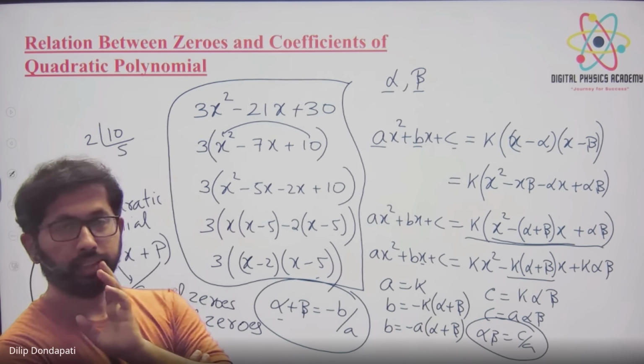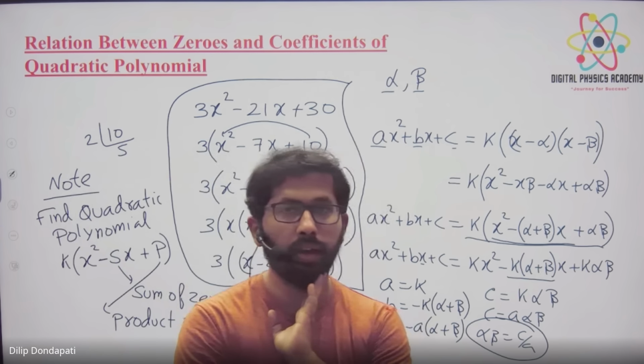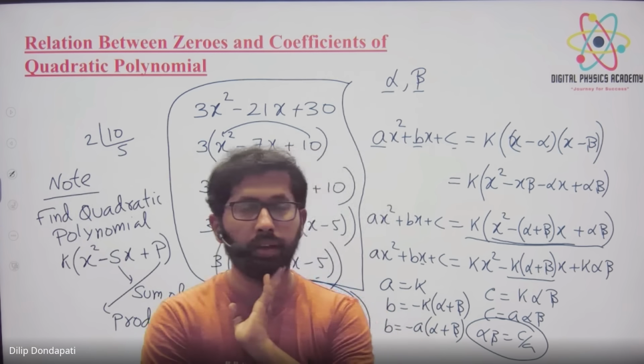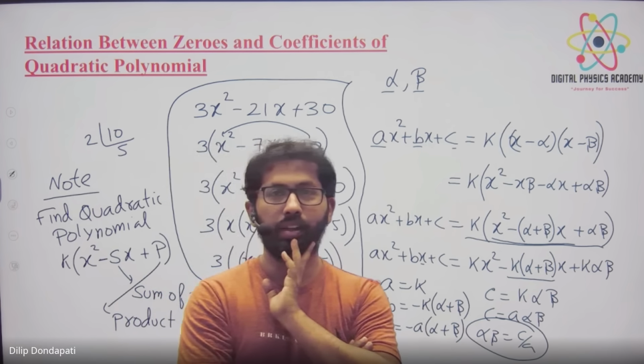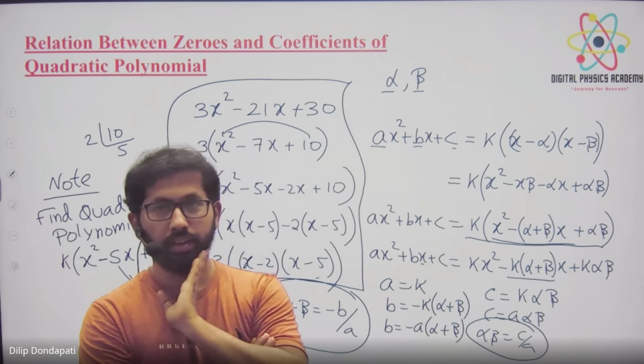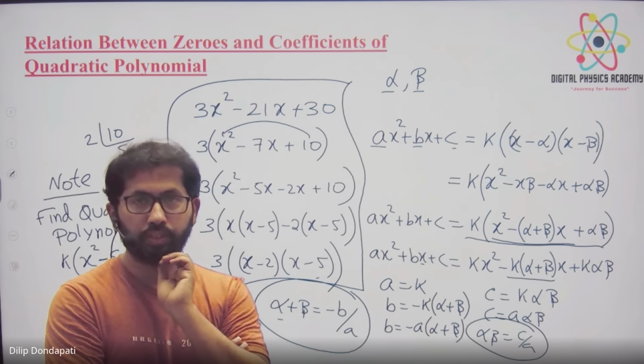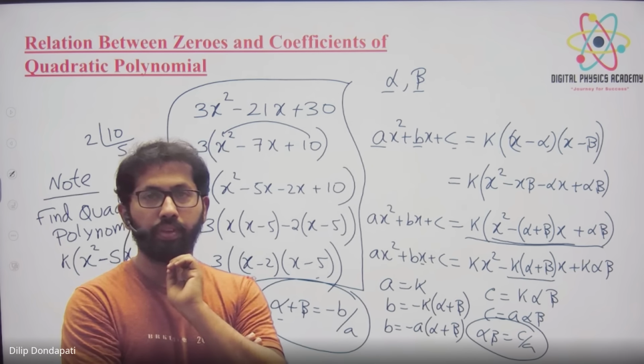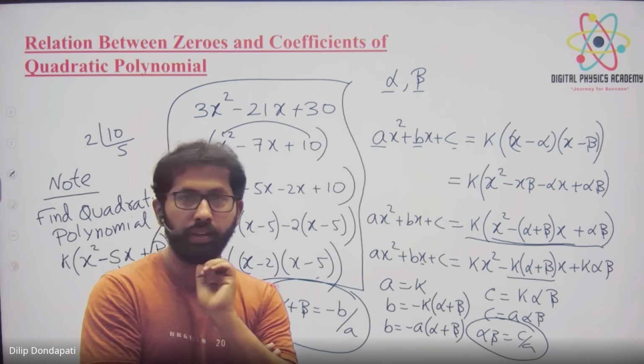When the sum of zeros and the product of zeros are given, k times of x square minus Sx plus P. This is the formula we have to use. Okay, let's see how we will use these formulas. We will see the things.